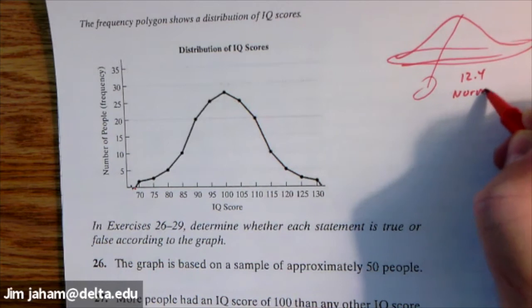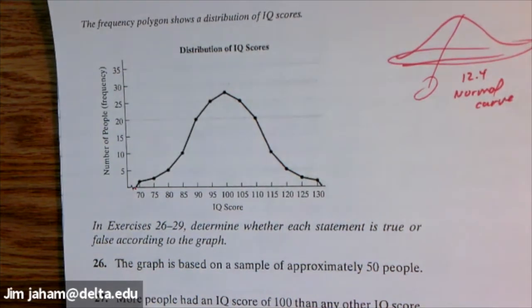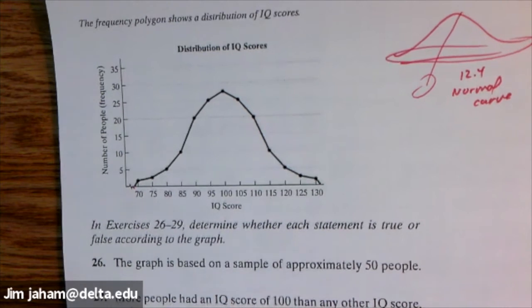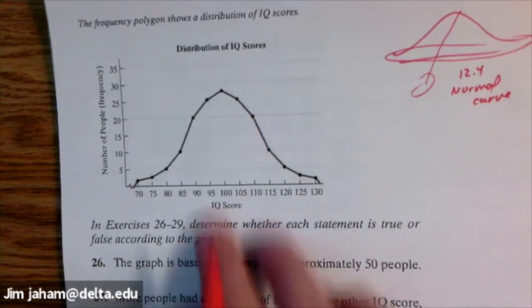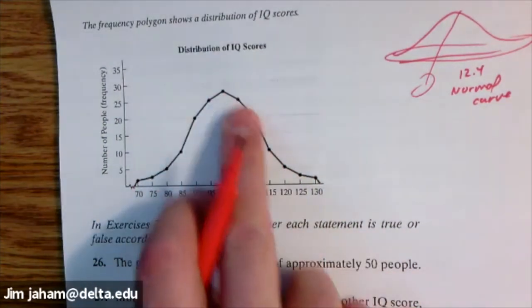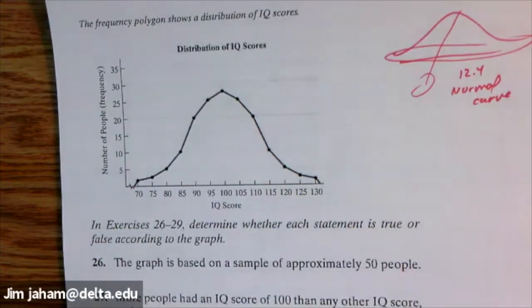We call this the normal curve. It occurs normally in the general population when we study lots of things related to the human or plant life. IQ scores is one. Most everybody, the highest percentage of people are kind of in the middle, but you have some folks that have very high IQs over here, and you have some folks with low IQs over here. But everybody is mostly in the middle.